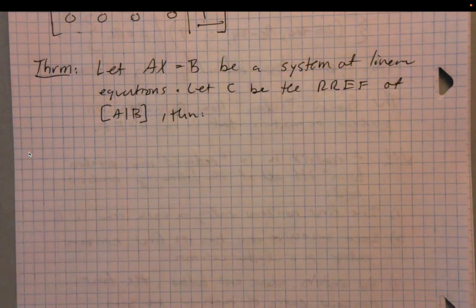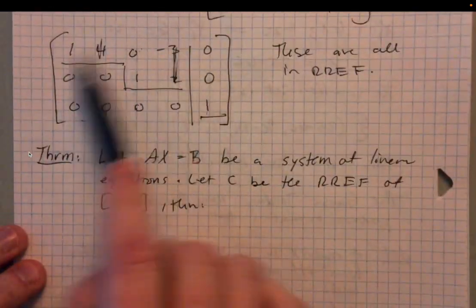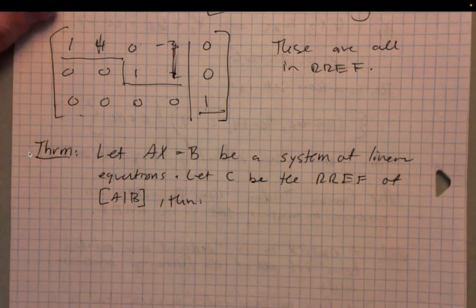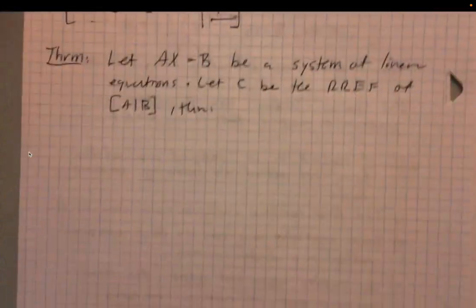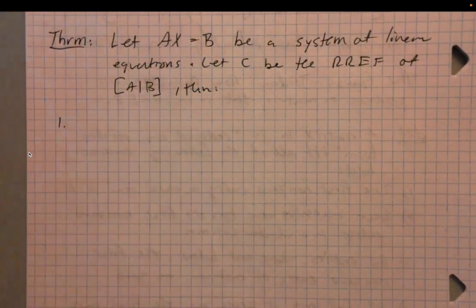So C is basically this entire augmented matrix, but in reduced row echelon form. Three possibilities exist here. The first one: if there is a row of C having all zeros in the coefficient side of AB and a non-zero entry to the right, then AX equals B has no solution.